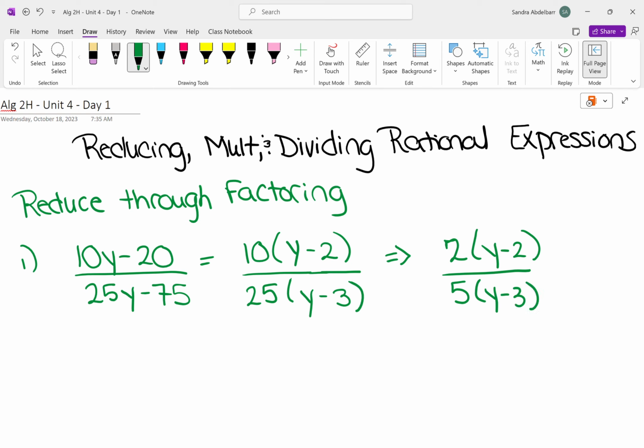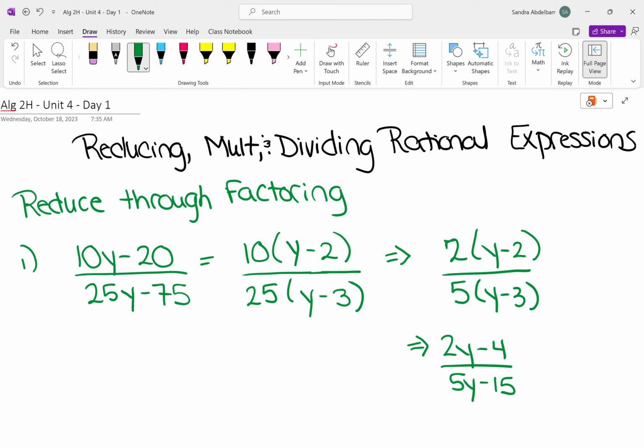Now, this part is completely up to you. You can leave it like this. You can absolutely leave it like this. Or if you felt the need, you can distribute in the 2y minus 4 and the 5 to make it 5y minus 15. So Tejas, the way you were doing it in the beginning, only pulling out the 5 in the beginning, that's what you would have been left with.